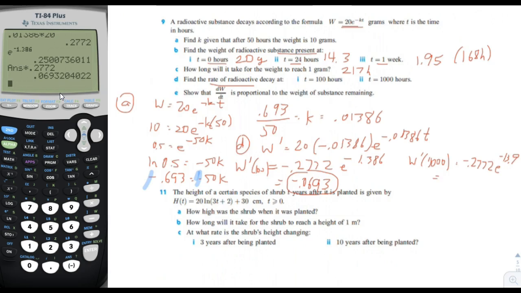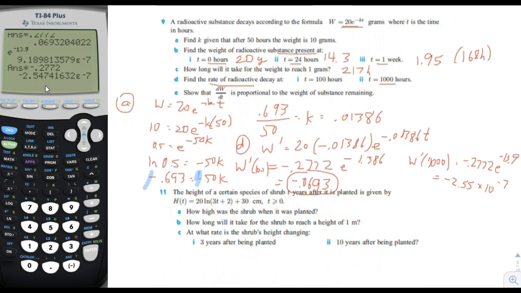The rate of decay at 1,000 hours would be e to the negative 13.9, and then I'm going to multiply that times negative 0.2772, and it'll be, wow, that's a super small number. It's negative 2.55 times 10 to the negative 7. Okay, so that is the answer for 1,000 hours.